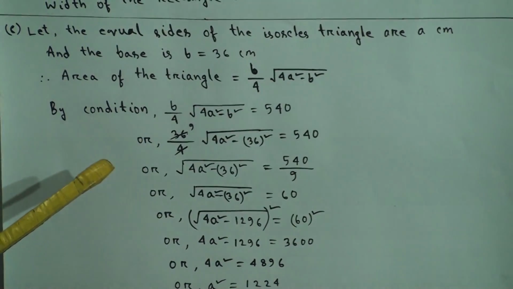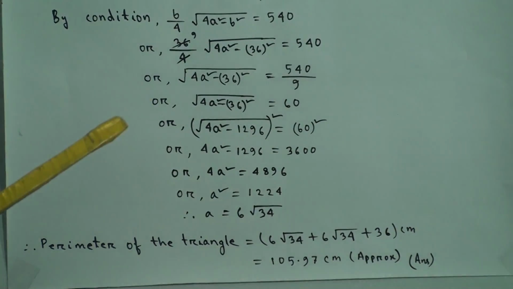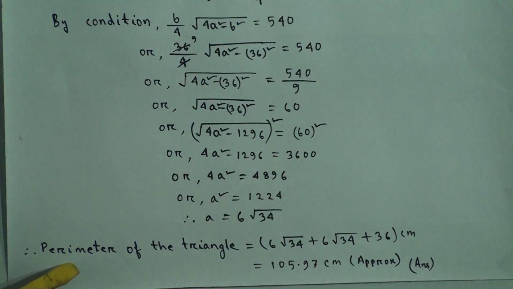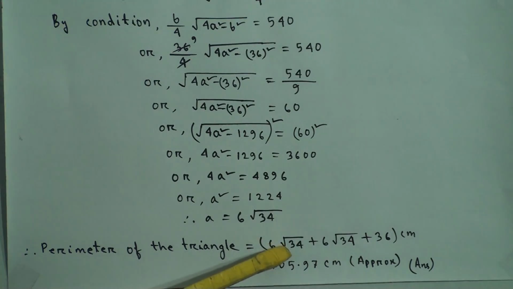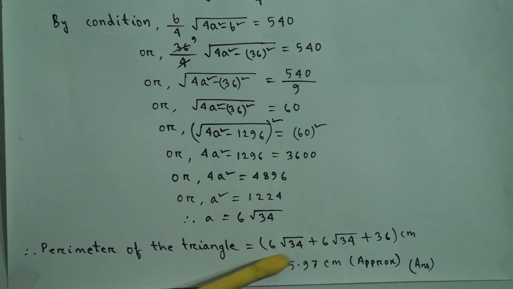That means we have got length of all sides. So now we can find out the perimeter of the triangle. Perimeter of the triangle is 6 root 34 plus 6 root 34 plus 36. If we add these three numbers, then we can get 105.97 centimeter, approximate value, and it is the answer of C number.